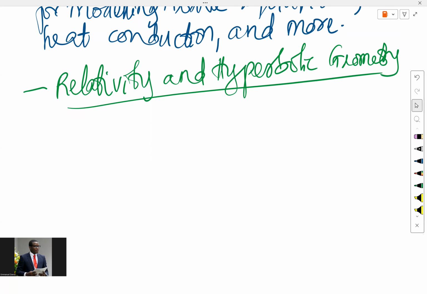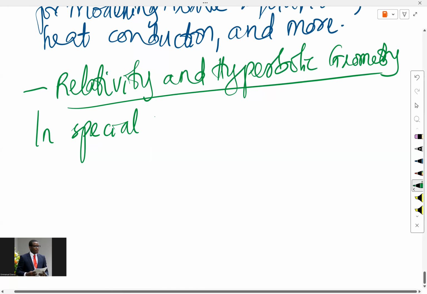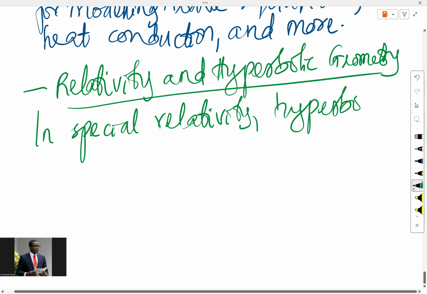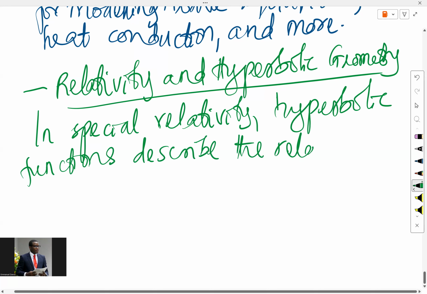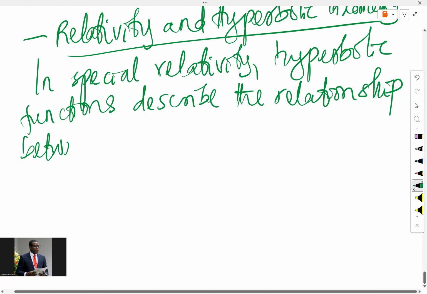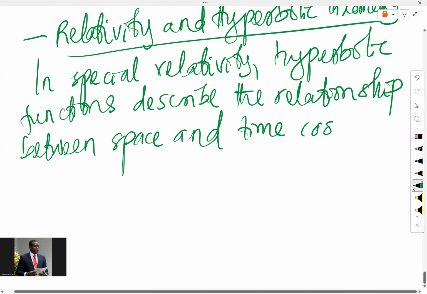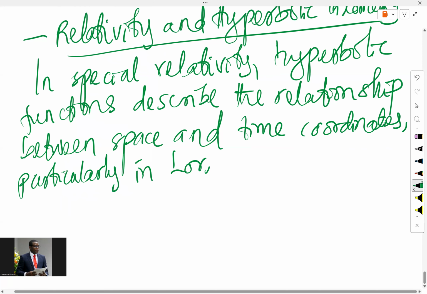So relativity and hyperbolic geometry. In special relativity, hyperbolic functions describe the relationship between space and time coordinates, particularly in Lorentz transformations.